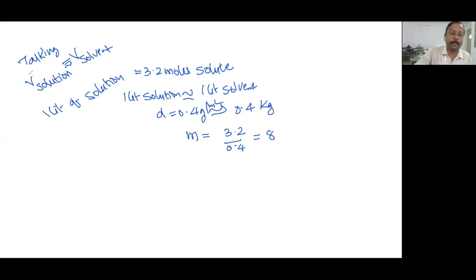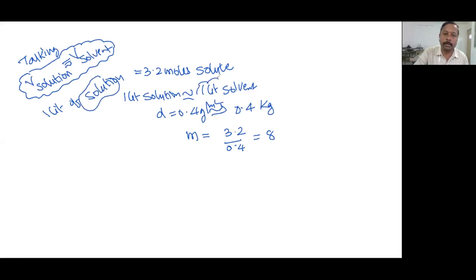Here normally the solute is very less in quantity, and in the numerator also we will not take mass, we will take moles only. So considering 1 liter of solution, here it is given 3.2 moles of solute. If the solution and solvent volume are the same, then the volume of solution is equal to the volume of solvent.